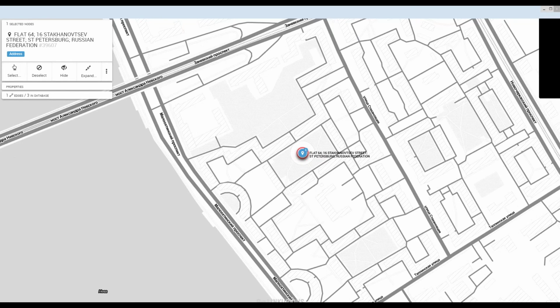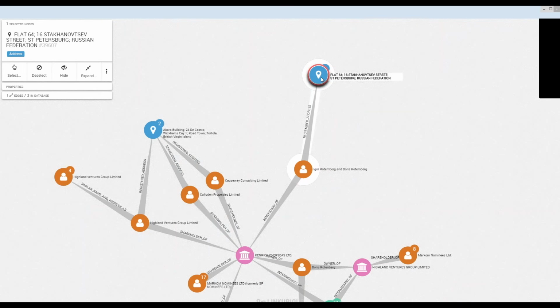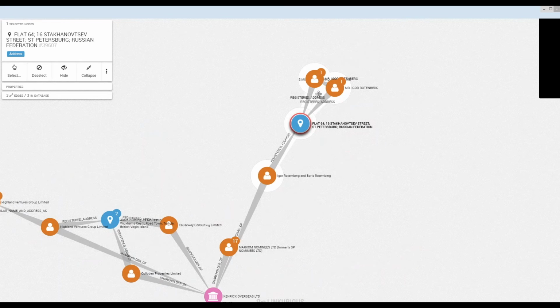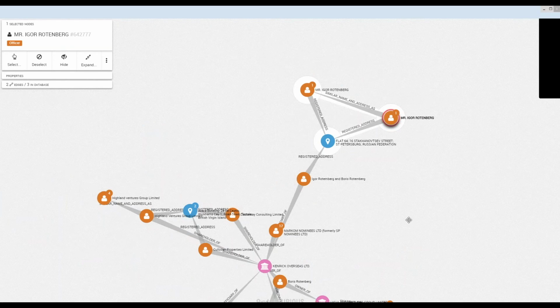Going back to the visualization now, and that flat is linked to two other entities. So this is something of high interest because we want to know what this address is also connected to. So I'm going to double click, and I've added 2 more entities to the data. Okay, we have 2 more occurrences of Igor Rotenberg.